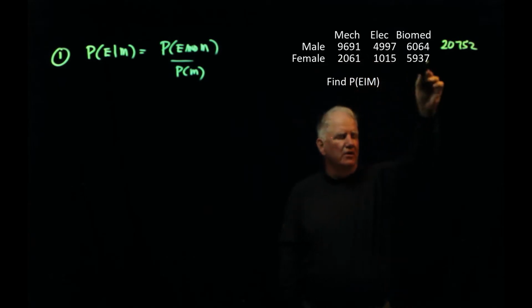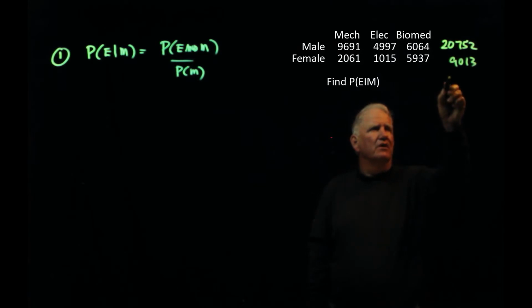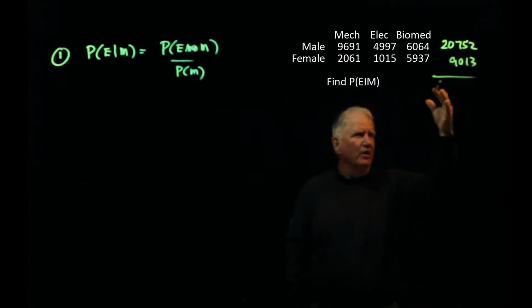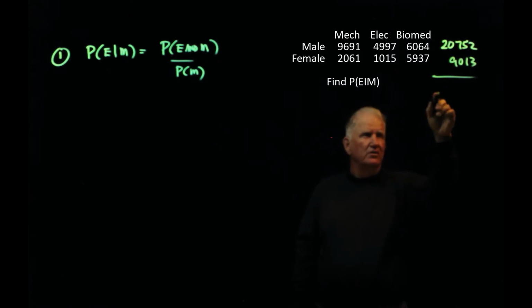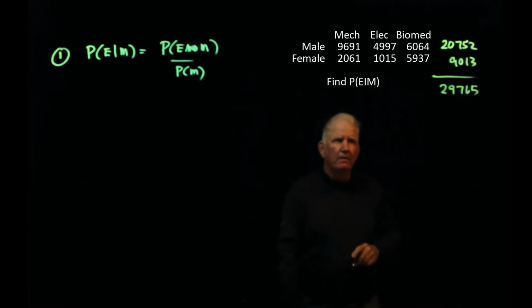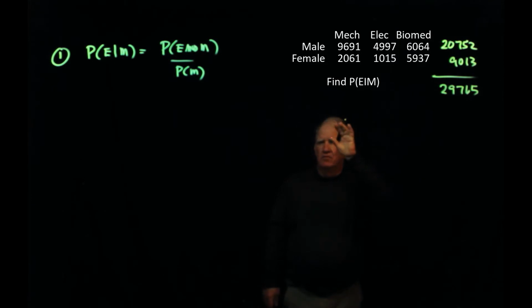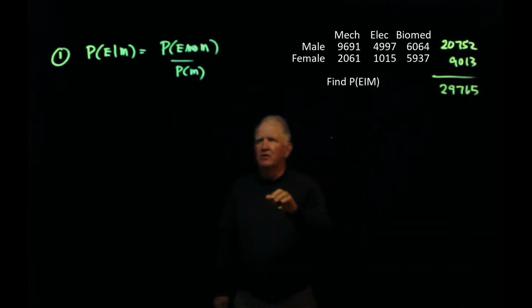I just added up all of those. I don't really need all of the females, but there they are. And the reason I calculated those is because I do need the total number of subjects here. Okay. So with that, I can write down all of these probabilities.